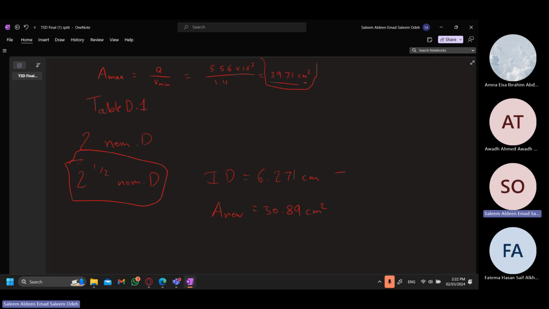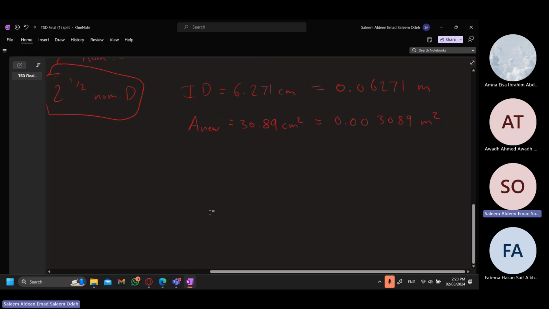Now, when you get these values, just so it's simpler later on, convert them to meters. So we'll have 0.06271 meters, and we'll have 0.003089 meters squared.